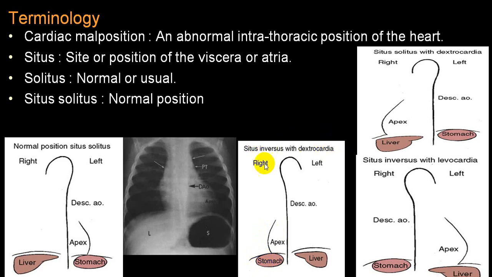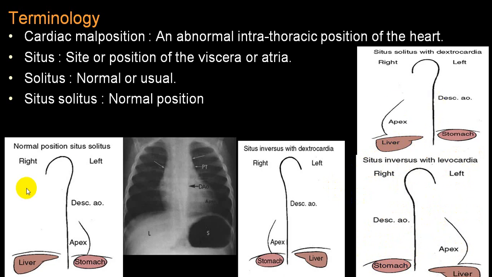So this is the typical mirror image. In this particular variety, the chance of congenital heart disease is only 3 to 5%. While if the person has dextrocardia with situs solitus, the chance is 95%. And if there is situs inversus with levocardia, the chance is 95 to 99%.